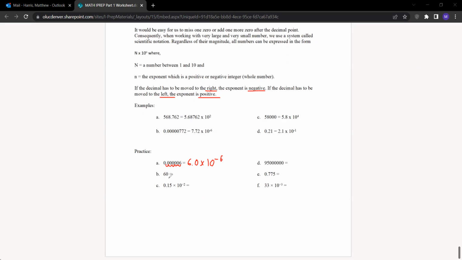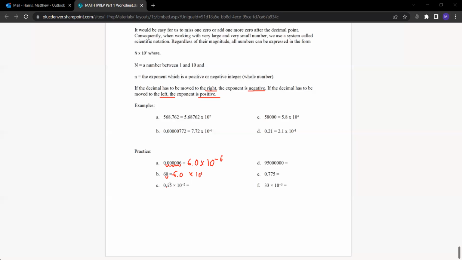So let's look at our next one. We have 60. We move the decimal 1 to the left. So we get 6.0 times 10 to the 1, because we only moved it 1 decimal place. Cool, now let's look at some more. We have 0.15 times 10 to the negative 2, and we're trying to put that into a better form, right?